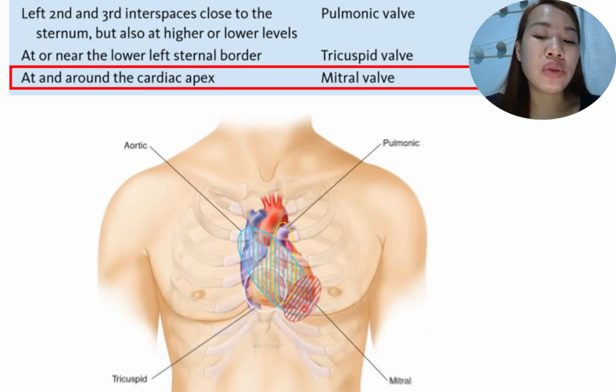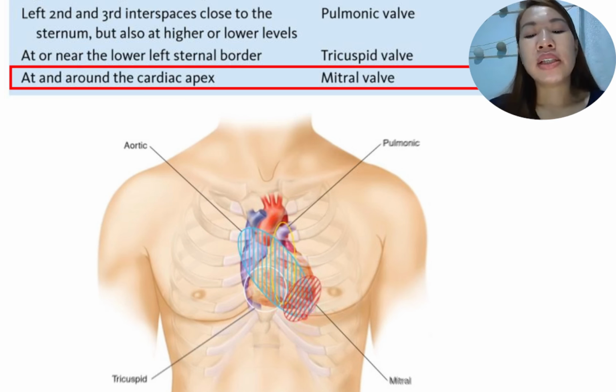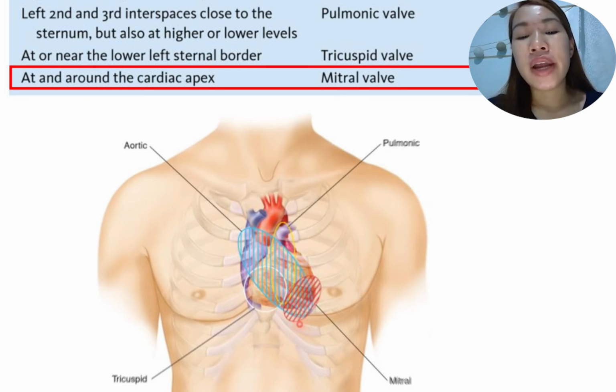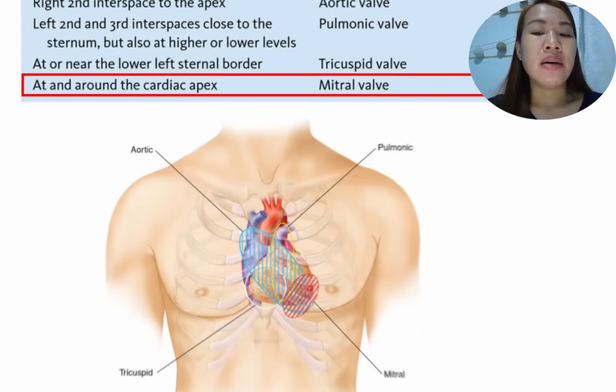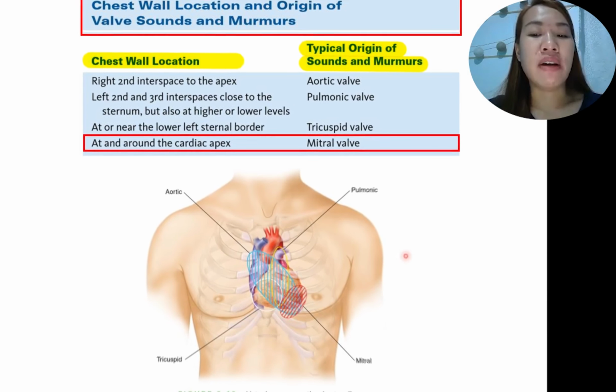It is very easy to find because it is also the location of our point of maximum impulse. So PMI, letter M, mitral valve. This is represented by the red oblong structure, where you can hear best the mitral valve sound.